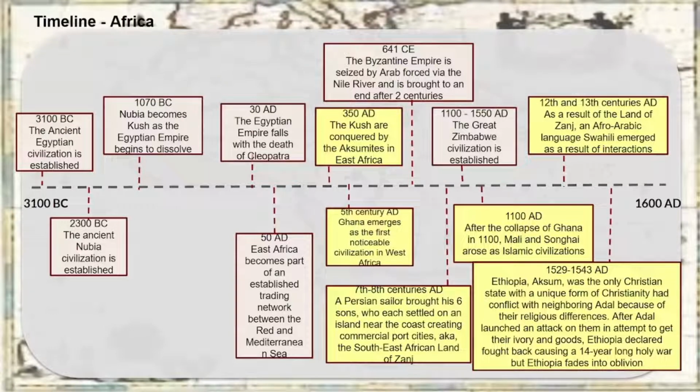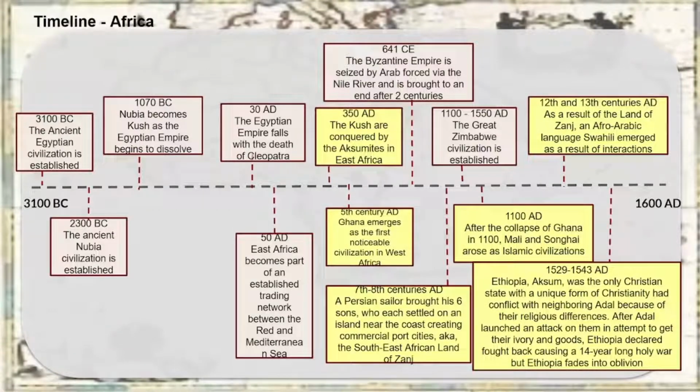It really could have been either the ancient Nubian civilization or the ancient Egyptian civilization first, but they were one of the very first civilizations in Africa. And then in 1070 BC, Nubia becomes the Kush Empire as the Egyptian Empire begins to lose their power and dissolve, but they don't completely fall and collapse quite yet.